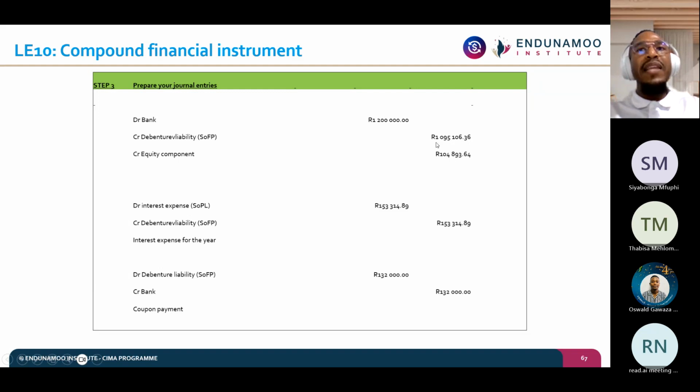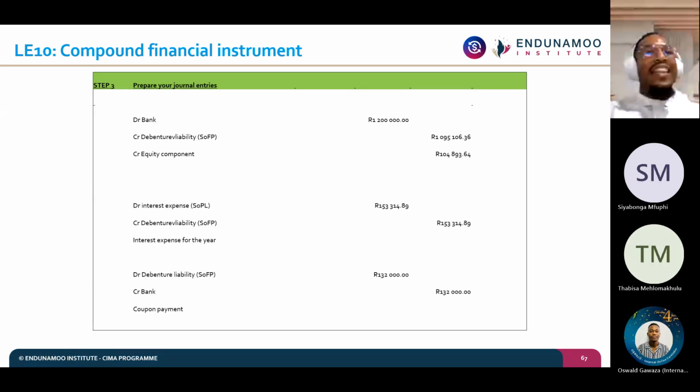If you take 1,095,000, being the fair value, and multiply it by 14% for the entire year, it gives you 153,314. That is the amount by which our debenture liability would increase over the year. That's why we credit the debenture liability component and debit interest expense in our statement of profit or loss.